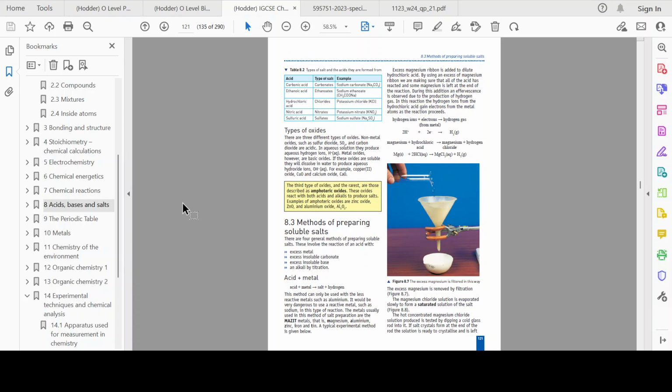Acid plus metal gives you salt plus hydrogen. So magnesium plus hydrochloric acid gives you magnesium chloride and hydrogen gas. Without going into the specifics of what metal and what acid it is, you need to know this. If they're telling you it's an acid and a metal, it's going to form a salt and it's going to form hydrogen gas.